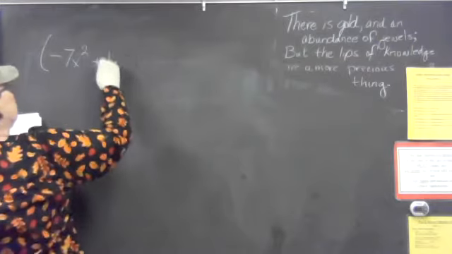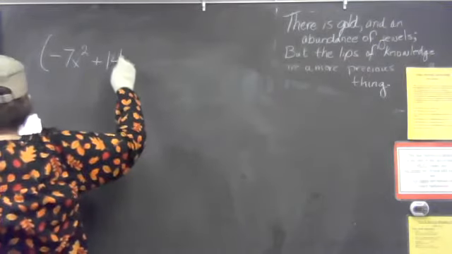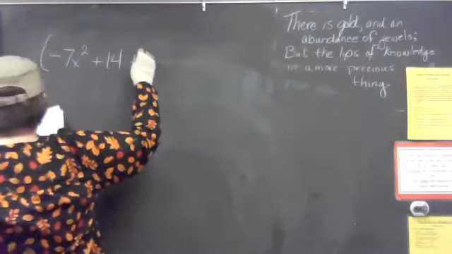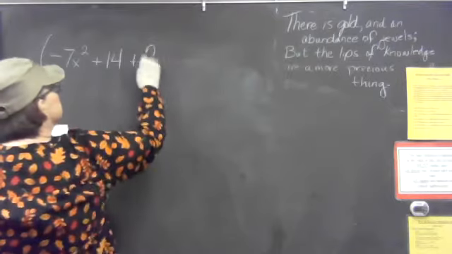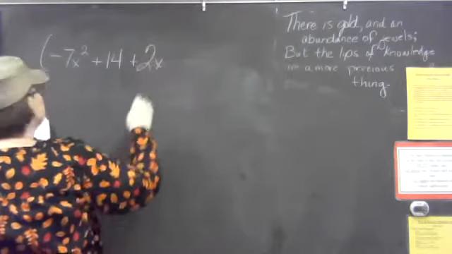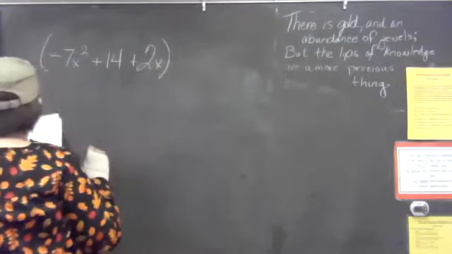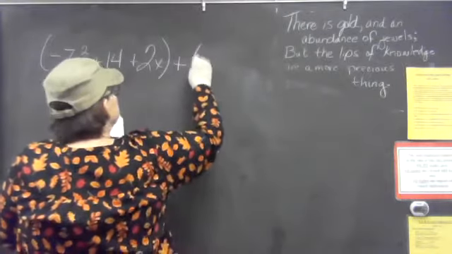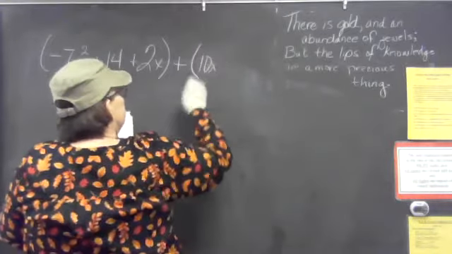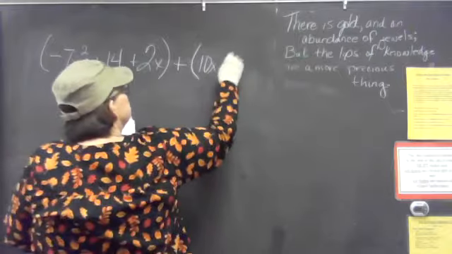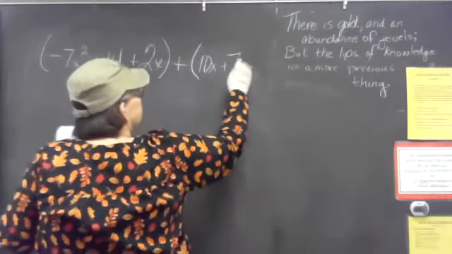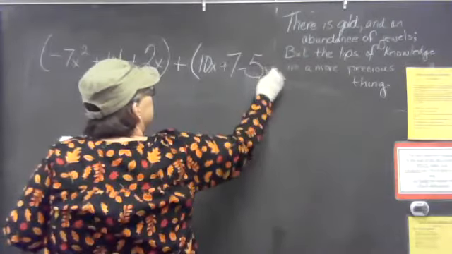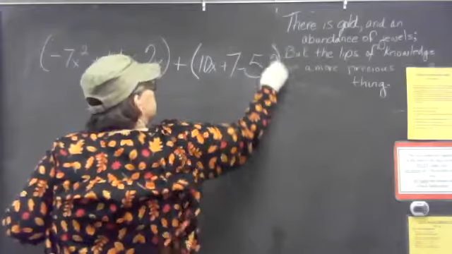Now, the parentheses aren't that big of a deal if you're adding polynomials, but it is essential if you're subtracting them. So I have 10x, about to run out of room, plus 7 minus 5x squared.